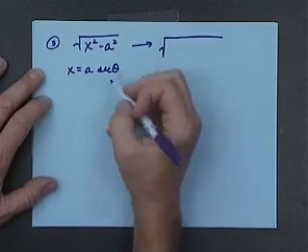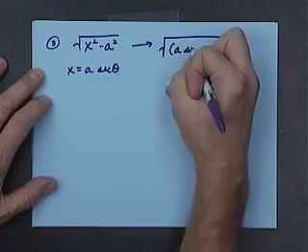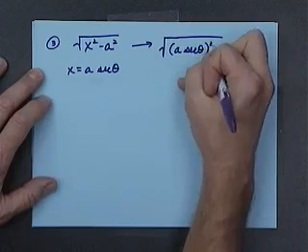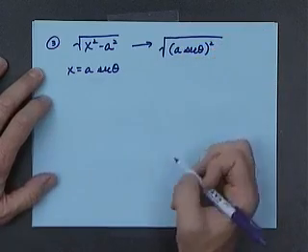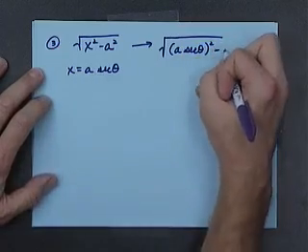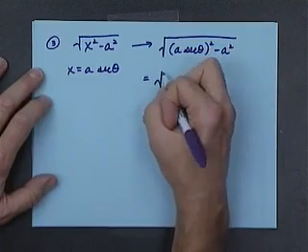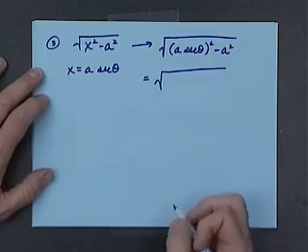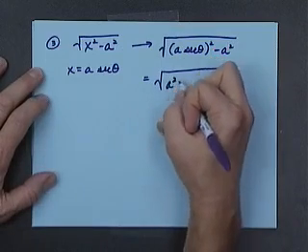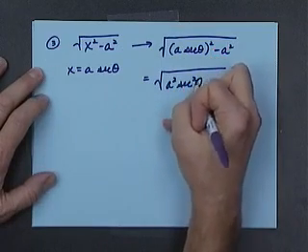So for x, we're going to plug in a secant theta. We're going to square a secant theta because we're squaring x. So that's a squared secant squared.